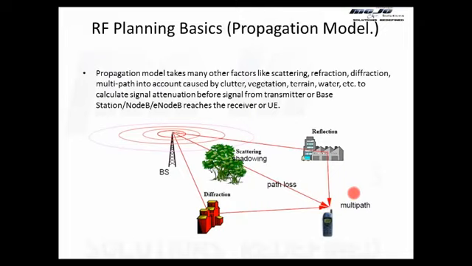If it is a destructive interference, then the signal will fade. So it can fade, or it can enhance itself. Usually the effect is 3 to 6 dB because of multipath in the propagation model, and the propagation model has to predict it more accurately.